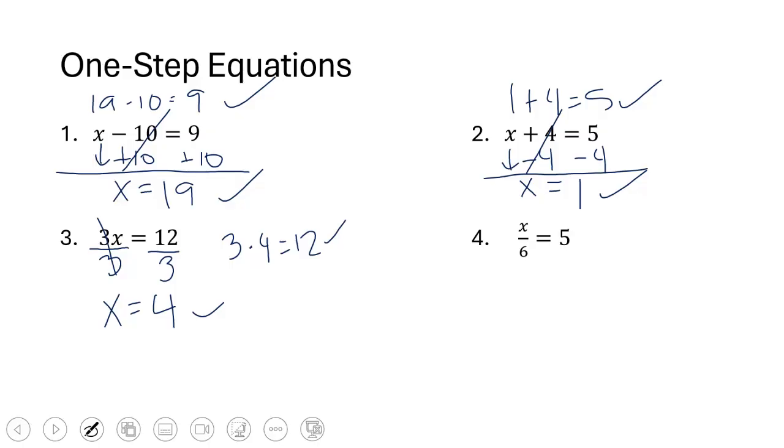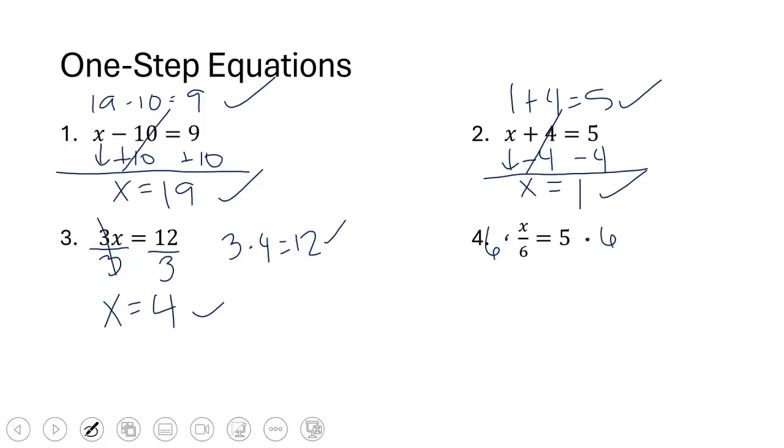Okay, let's go to number 4. A fraction bar is just division. So we're trying to find what number divided by 6 equals 5. So I need to move that 6. What's opposite of division? Multiplication. I'm going to put a little dot. A dot means multiply. I can't put an X because I already have an X in the problem, and that might be confusing.